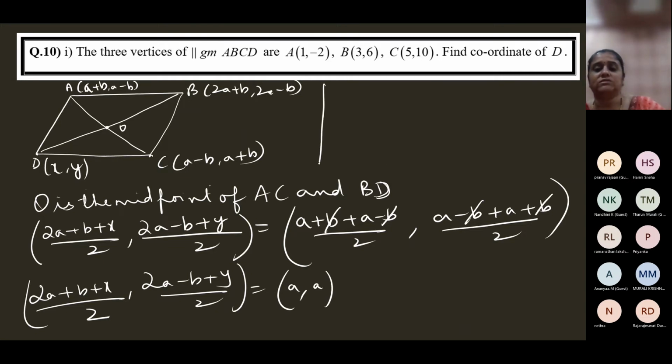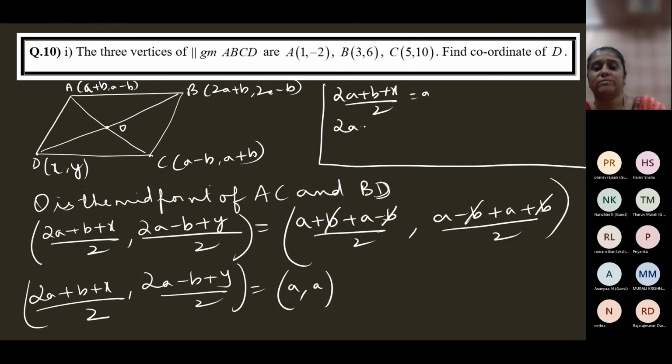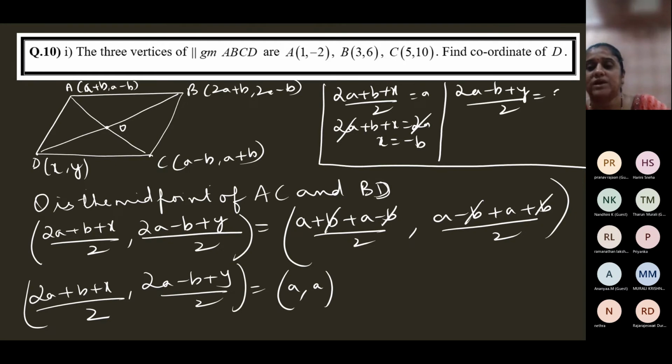So (2A plus B plus X) by 2 is equal to A. On cross multiplying, 2A plus B plus X is equal to 2A. So 2A on either side gets cancelled, and you get X is equal to minus B. Similarly, (2A minus B plus Y) by 2 is equal to A again.